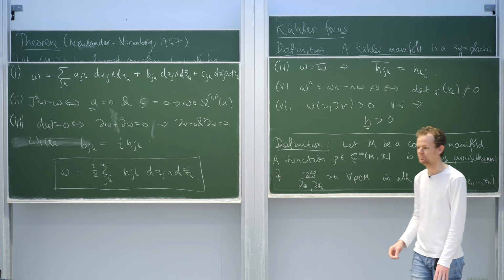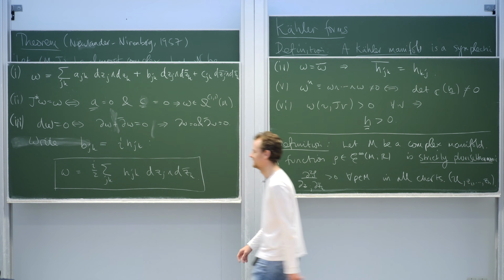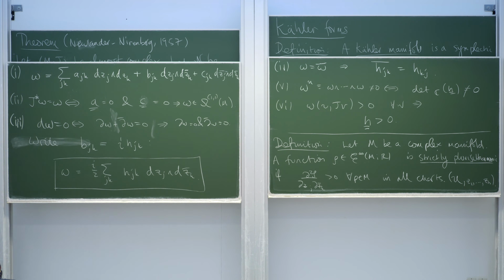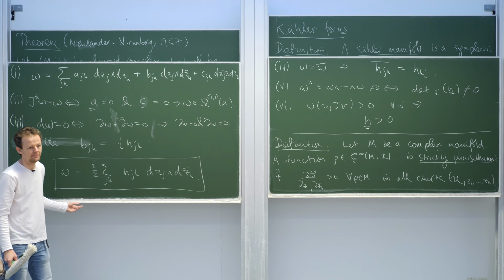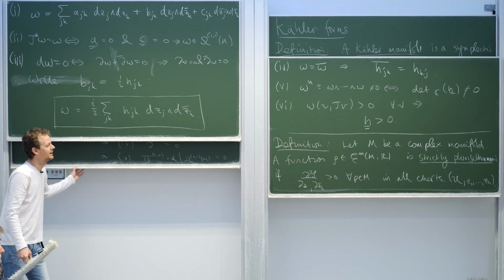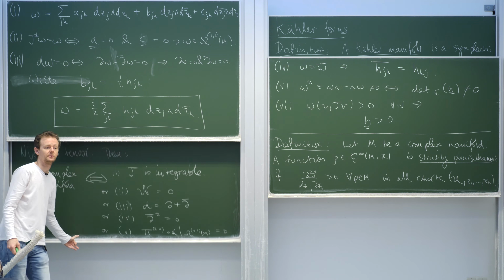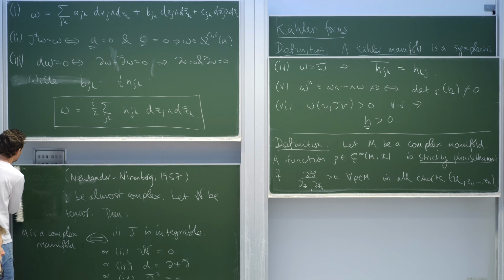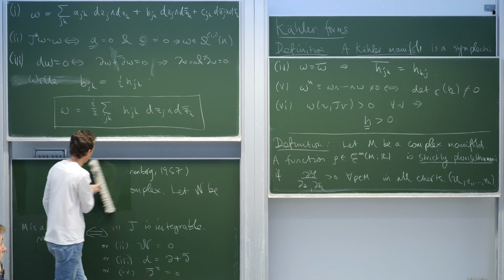We're going to give that function a name. We're going to call it strictly pluri-subharmonic. Strictly because there's strict inequality there. Subharmonic, well, harmonic has to do with the Laplacian operator. A function is harmonic if it's the solution to Laplace's equation. It's subharmonic if it's a solution to Laplace's equation with a minus sign on the right-hand side, a minus constant.